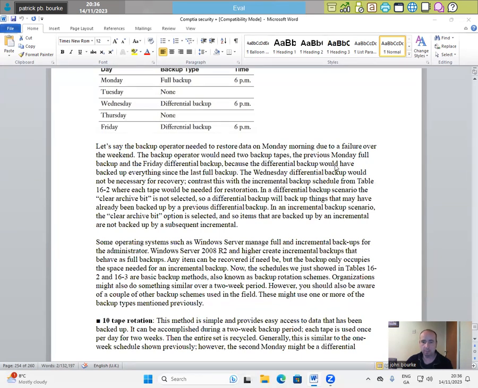Because the differential backup would have backed up everything since the last full backup, the Wednesday differential backup would not be necessary for recovery. Contrast this with the incremental backup schedule from table 16.2, where each tape will be needed for restoration.